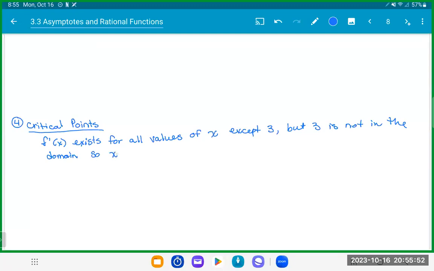So x equal to 3 is not a critical value. So we have no critical values.